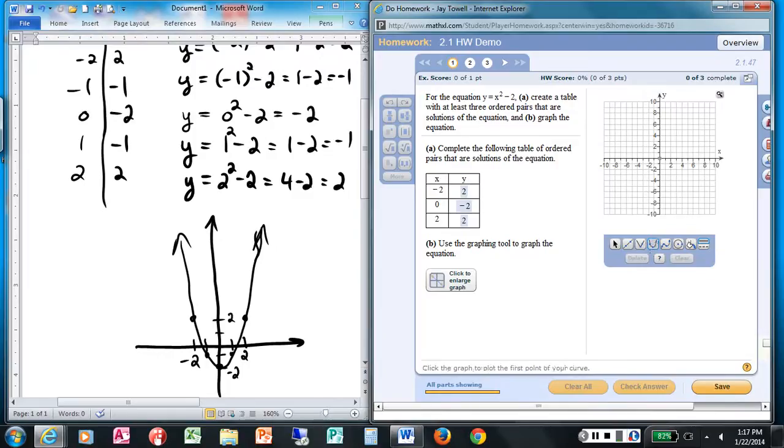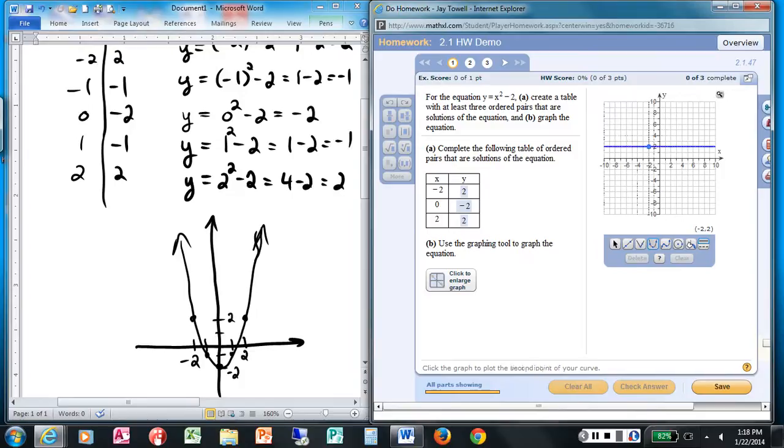U shape, and so I'm going to click on it, and once I click on it, you can see that it does want a 3-point deal, and so that's what they've given us to check out there. So what I'm going to do is put these 3 points, -2, +2.